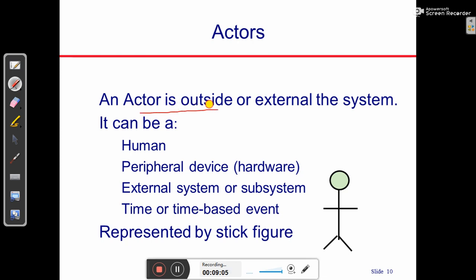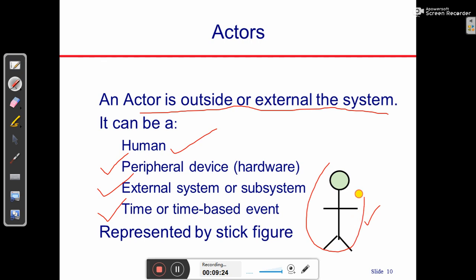So first, this is how we can define the actors or depict the actors. An actor is outside or external to the system. It can be a human, a peripheral device, an external system or subsystem, or a time or time-based event, and it is represented by a stick figure. So that is how we depict those actors.